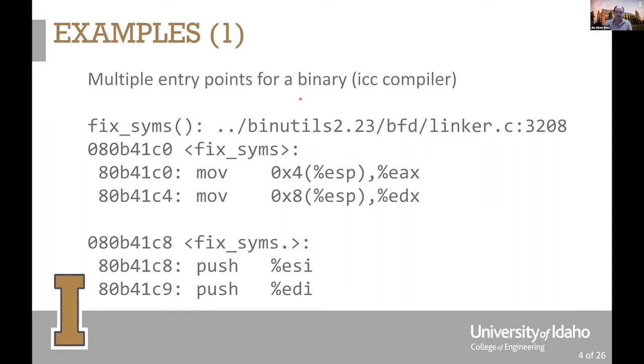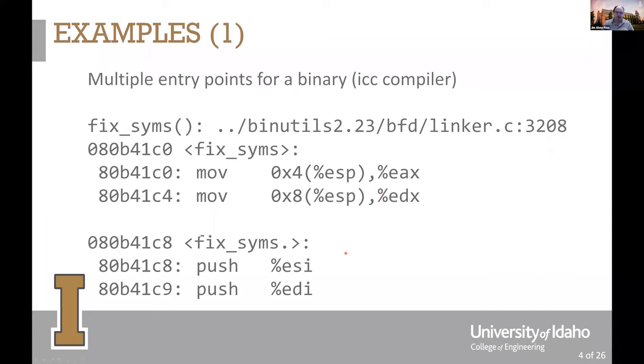In their ICC compiler, Intel decided they liked internally within a program to pass the parameters in registers. But to be compatible with external functions that would call it, they would pass things on the stack. So in the first two lines here, as things are passed on the stack, they copy them into registers.